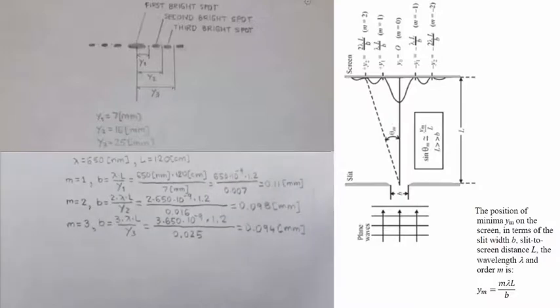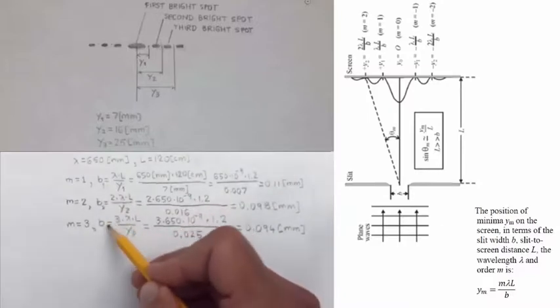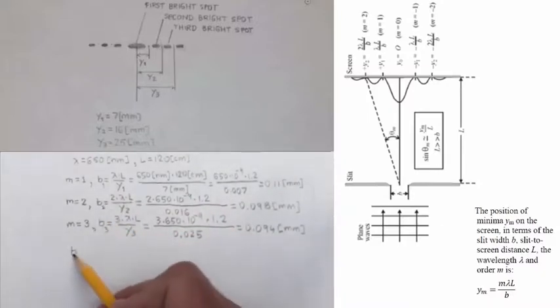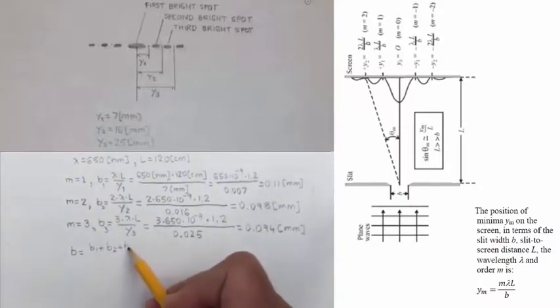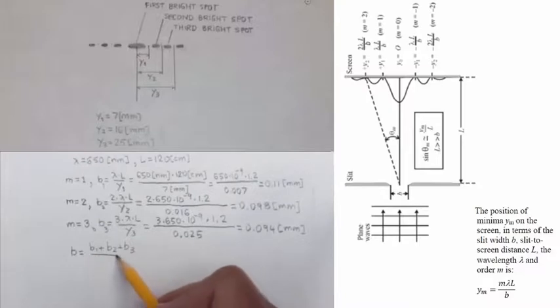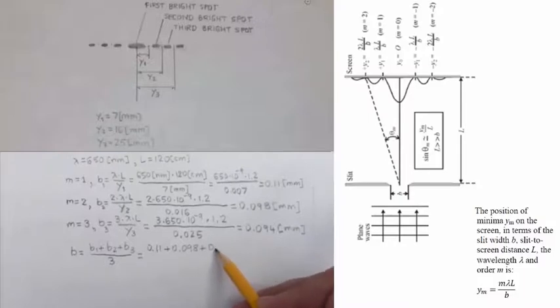Now these 3 values for the B, we can average them to come up with an average for the width of our slit. So we have the B1 and then B2 and then B3, and our average B is going to be equal to B1 plus B2 plus B3 over the 3, or 0.11 plus 0.098 plus 0.094 over 3.